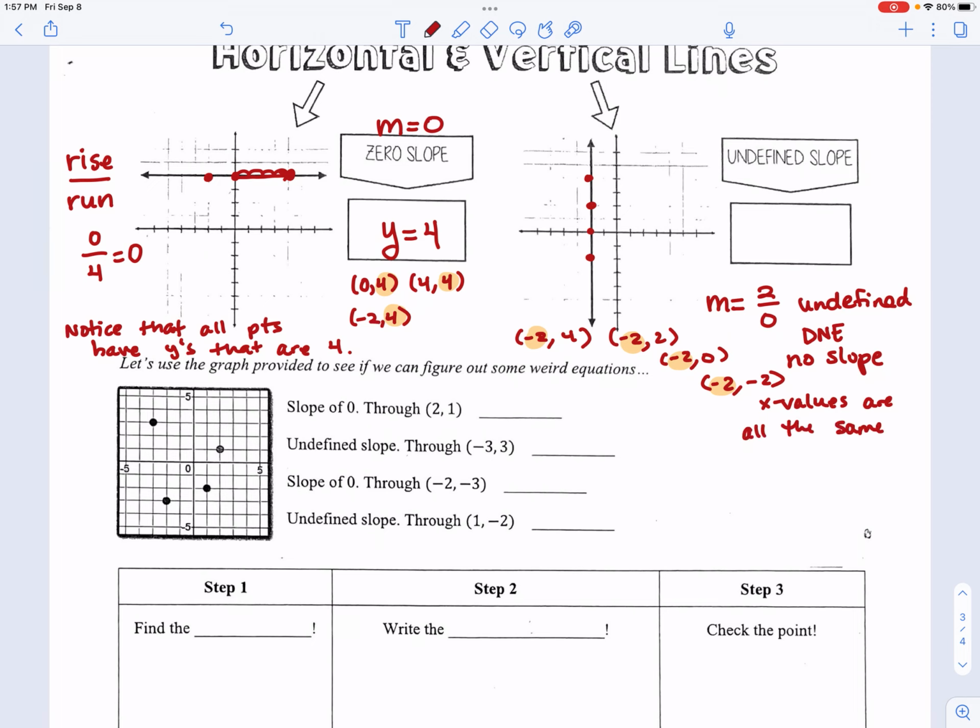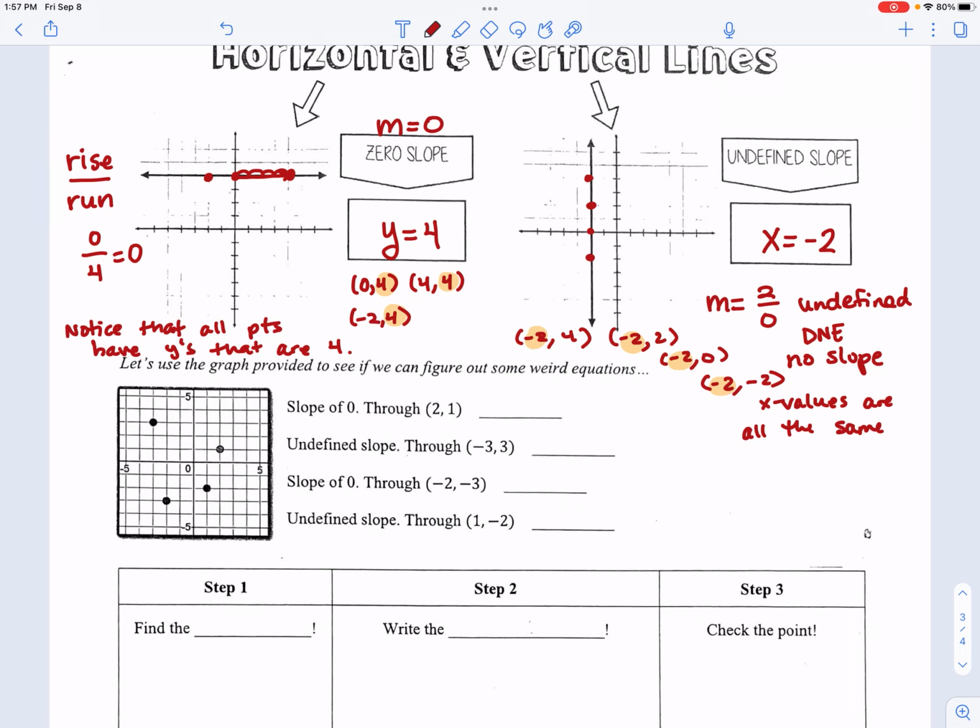They're all -2's. So here, my equation for that vertical line is x equals -2, because my y values don't matter. My x's are always going to be -2 for any y value. So these are special types of equations for horizontal and vertical lines.